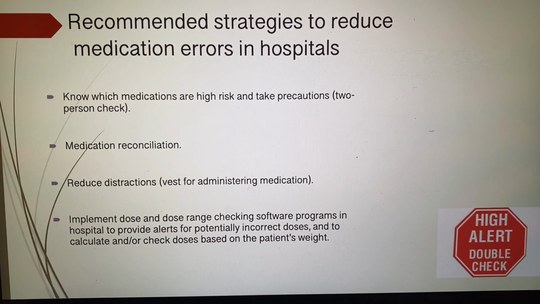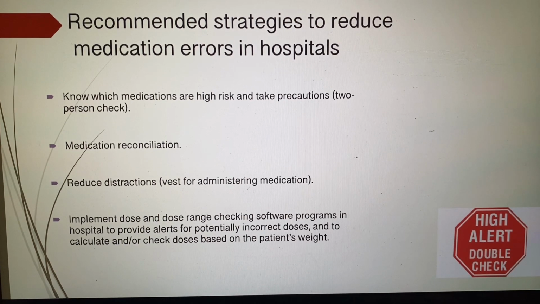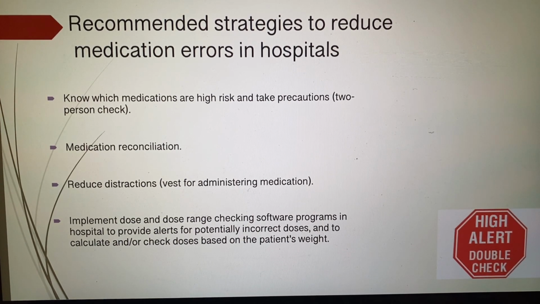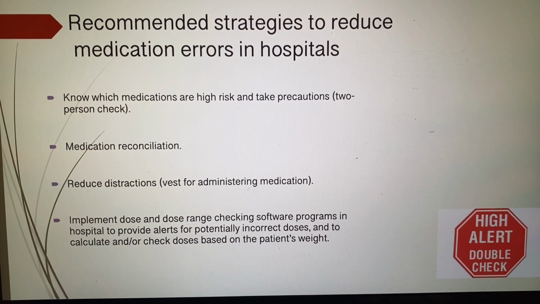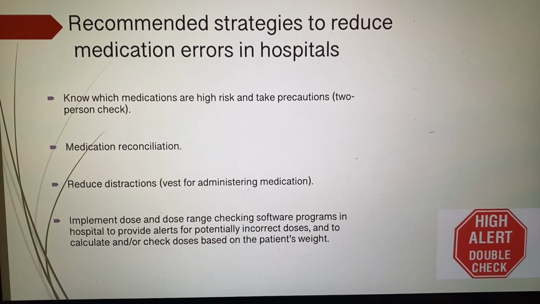A do not disturb sign can be put at the front door of the patient's room where medication is being administered or when pulling medications. Implement dose and dose range checking software programs in hospitals to provide alerts for potentially incorrect doses and to calculate and or check doses based on the patient's weight.